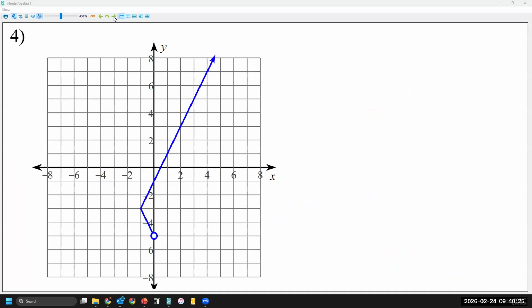Right, so let's look at number 4. Start off with domain. With this one, my domain says, well, how far do I go to the left? Well, this is the leftmost part, and my leftmost is at -1. It's in the middle of the line, so equal to.